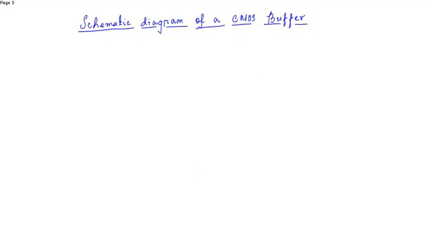As we know, there are two PMOS and two NMOS, and we have two inverters. So first design the first inverter. This is the PMOS, and then we have the NMOS.